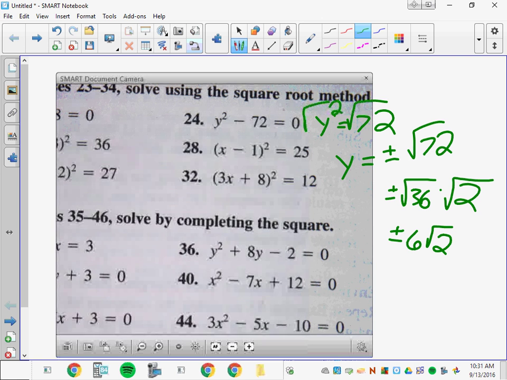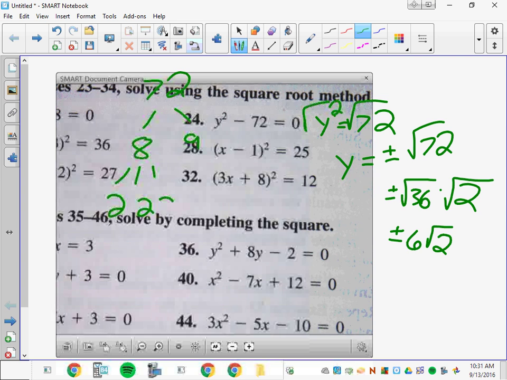The only trouble is sometimes the numbers get so big, or sometimes you make a mistake when you're trying to identify that perfect square. So the other way to do it is just to factor 72. So 8 and 9, 2 and 2 and 2, and 3 and 3. Anytime a factor shows up twice, that creates a perfect square.